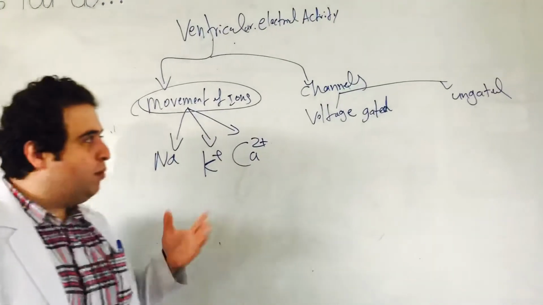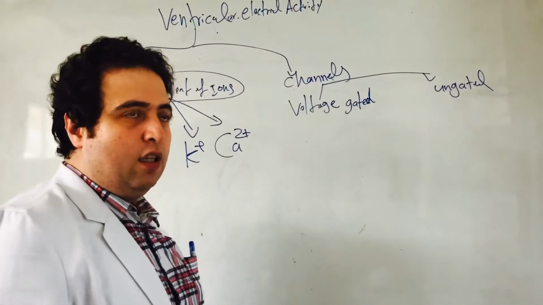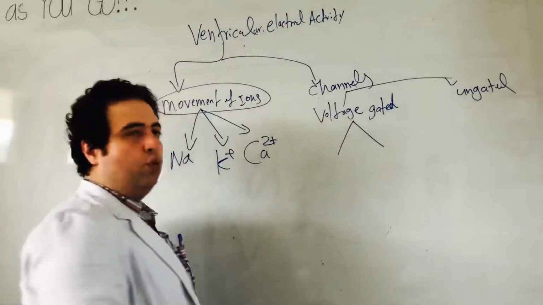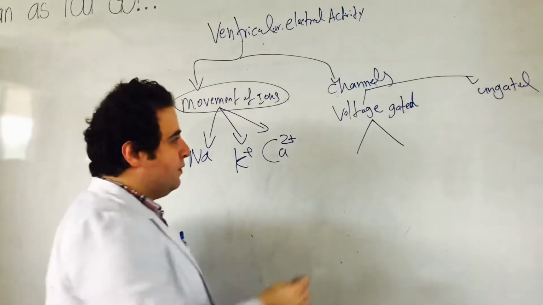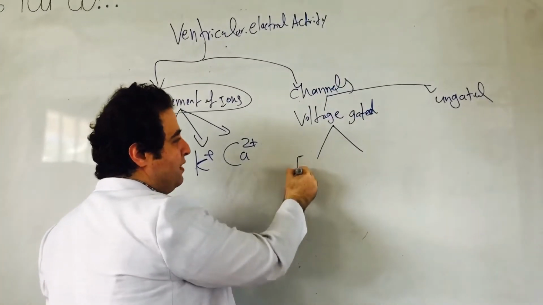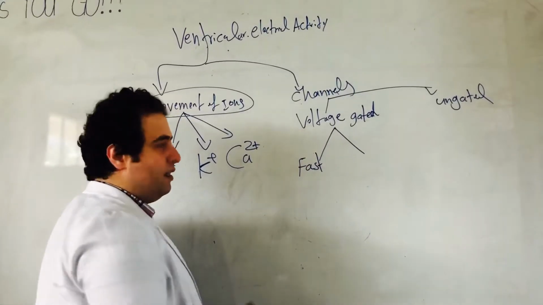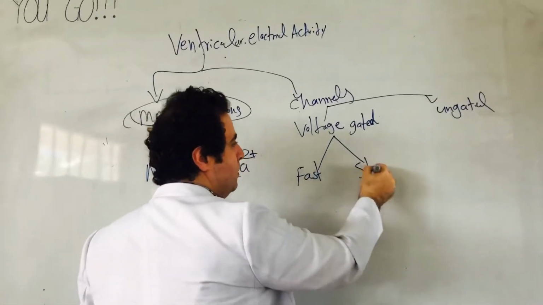If I am talking about a voltage gated channel, it is itself divided into two. One is fast, another one is slow.